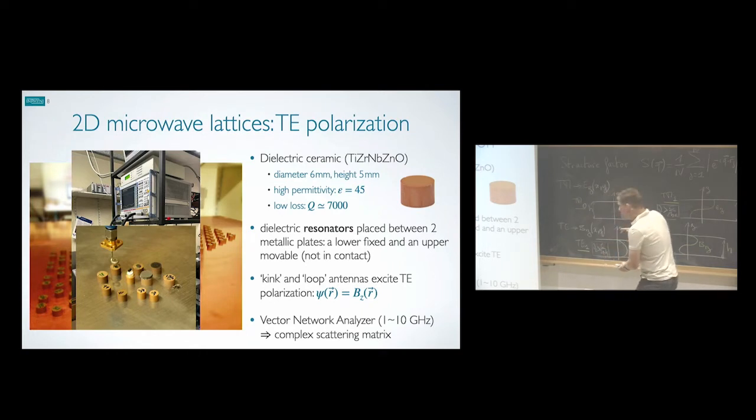So by adjusting the size between the plates, we can have a situation where we are below the cutoff frequency in the air and above the cutoff frequency in the material. And in this case, we are in fact implementing a tight-binding system.